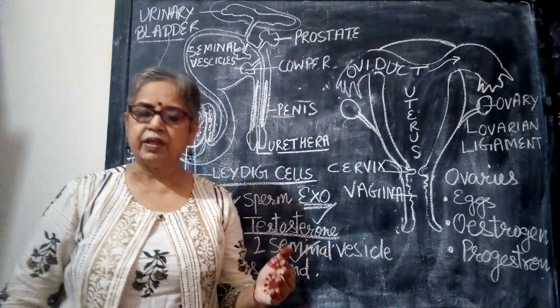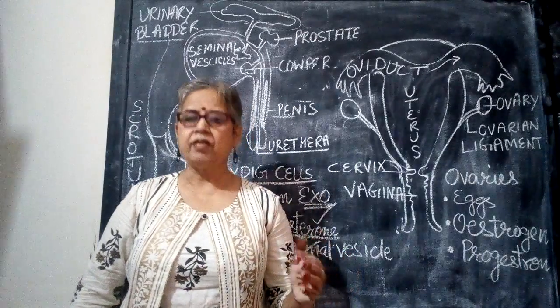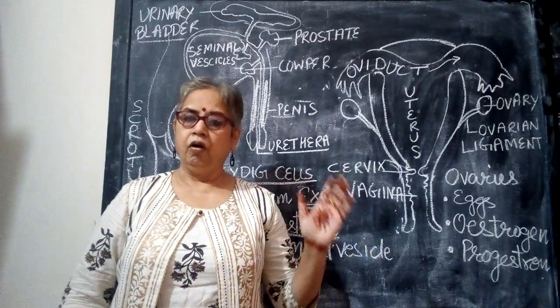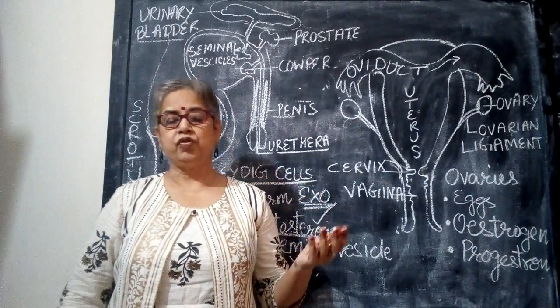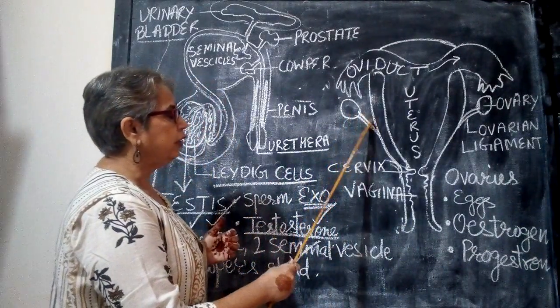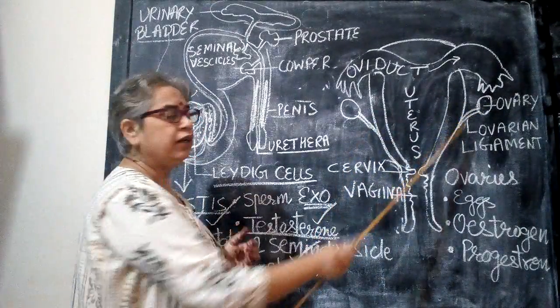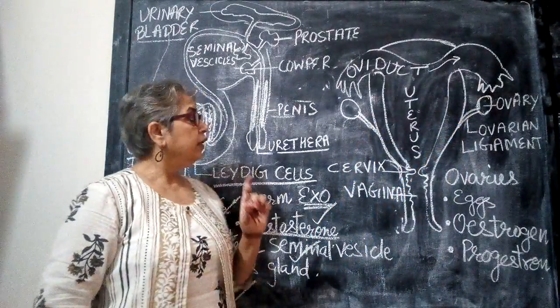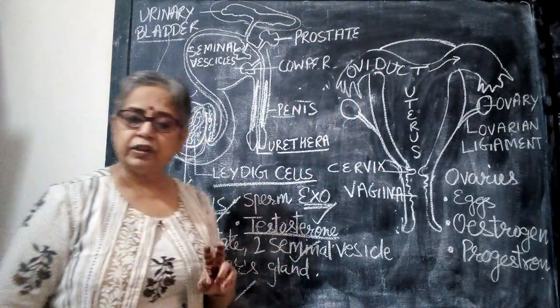Oogenesis takes place in the ovaries, so the egg, or ovum, is produced in the ovary. The ovaries are connected to the uterine wall through ovarian ligaments. The ovary performs a dual function.